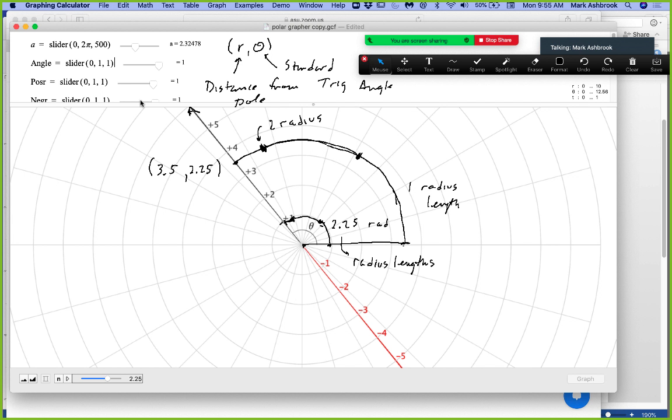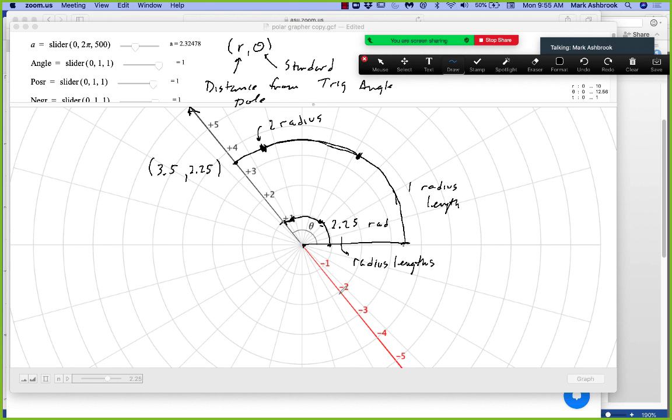So if your angle, say, is 2.25 radians, then a negative r value would be in the opposite direction as the angle, the direction for positive r values, which is along the terminal ray of 2.25. So negative r goes this way. So what is this point right here? What are the coordinates of that point? -4, 2.25. -4 and positive 2.25.